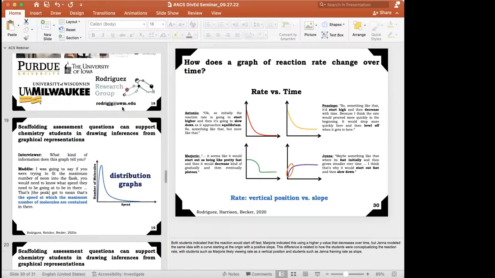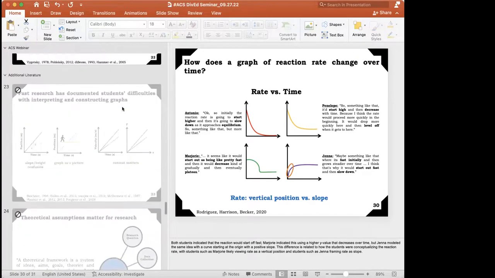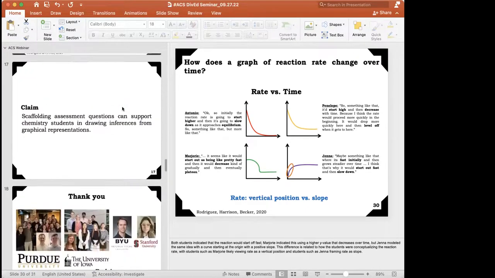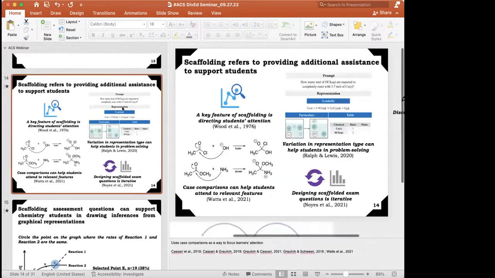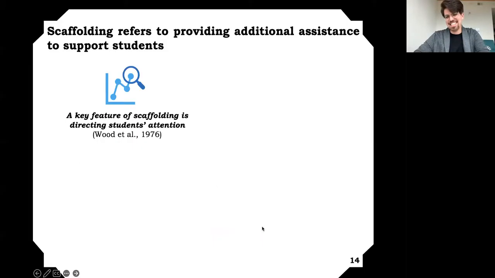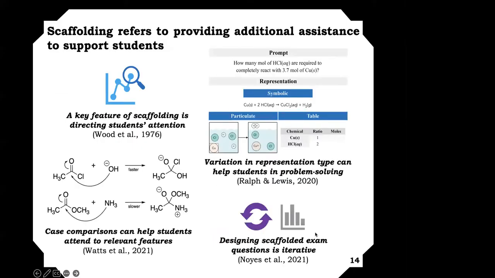But it seems to me that there's this balance between too much scaffolding, where you're pretty much giving it to the students, because it seems like some of the struggle is beneficial to students and helps them to learn. Do you have any insight as to where's the balance point in applying scaffolding?